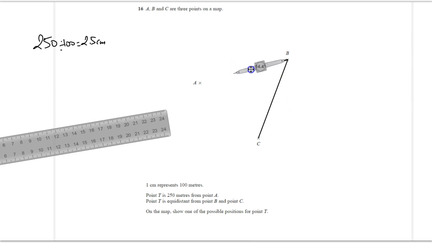Put the pointer on B. You can start from C if you want to. Good thing is to open your compass as wide as possible and draw a nice big arc.